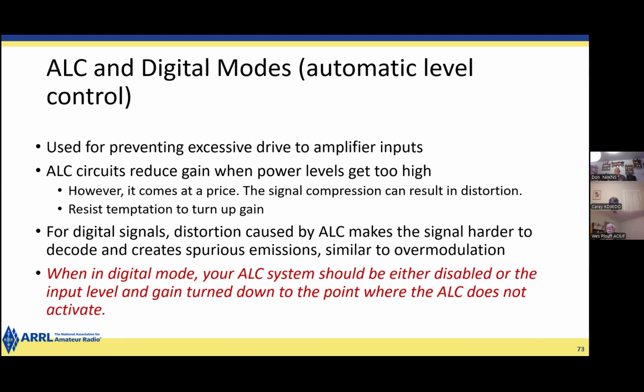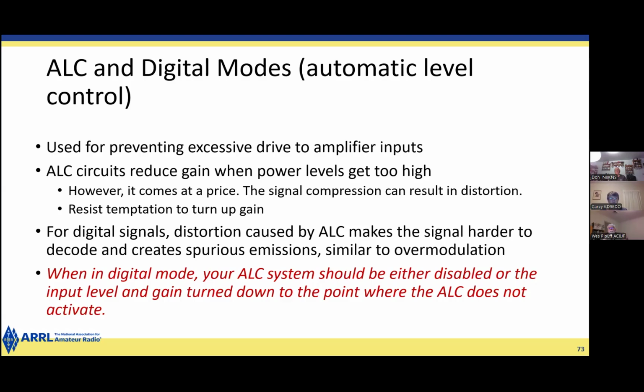What ALC does is reduce the microphone gain for a moment. For digital modes, which are more or less constant amplitude, you don't want to do that. You want to use a little bit of ALC so that your voice peaks don't introduce distortion.